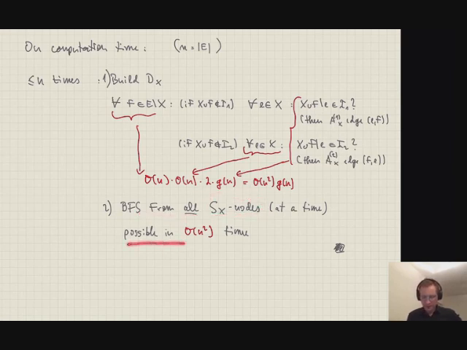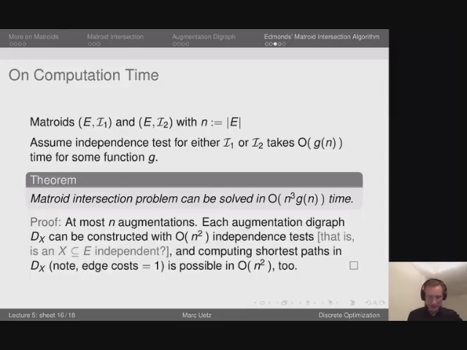That is possible in time linear in the size of the graph, where order n squared is an upper bound on the number of directed edges in this augmentation digraph. So then I would have again n times order n squared, which is n to the 3 again, and the computation time is okay. That is summarized here once again, and that finishes the analysis of the matroid intersection algorithm by Edmonds.